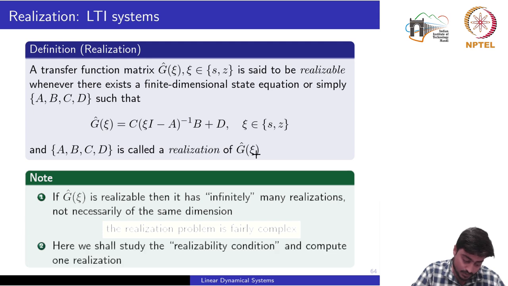So in this topic we will study the realizability condition and we compute only one realization. Given a transfer function matrix, we will study those conditions under which we can say that this transfer function is realizable, and with respect to that we compute one ad hoc realization.